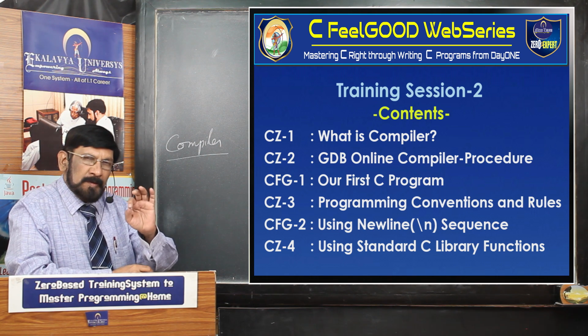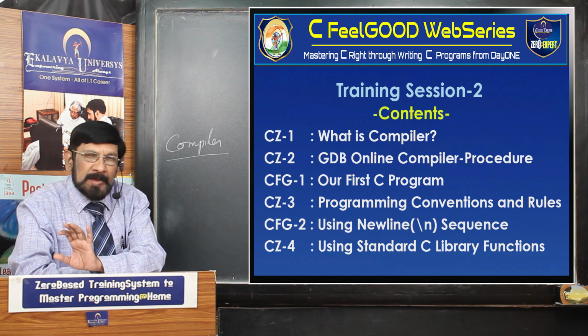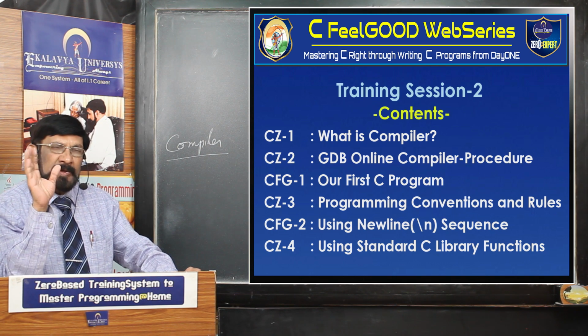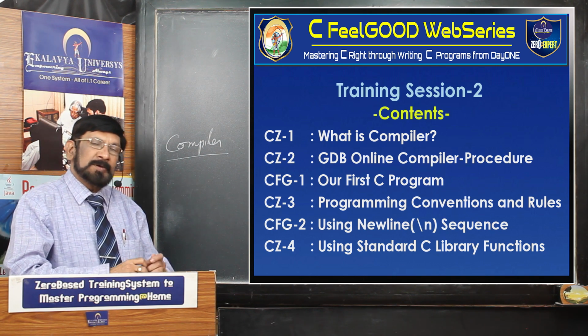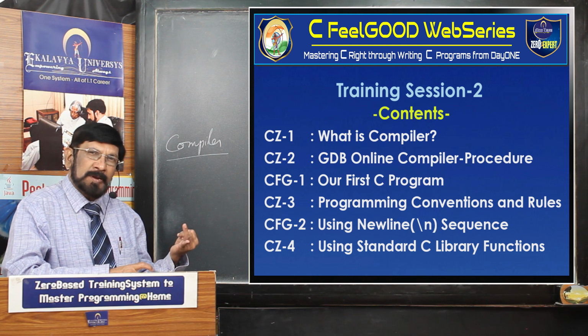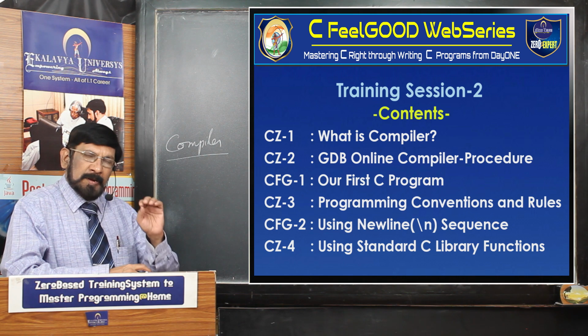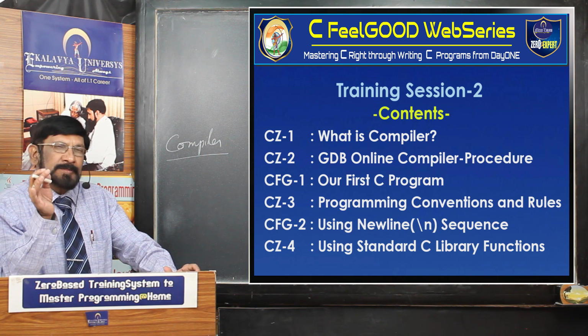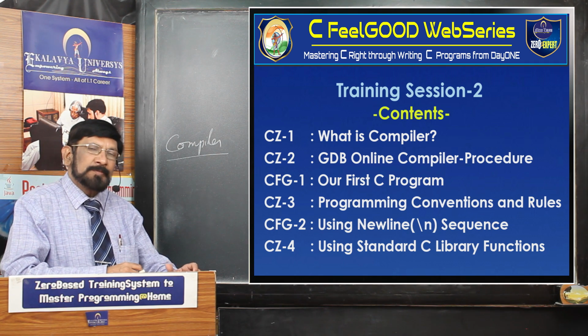For your information, for every language, whenever they release it, one specific compiler is developed along with the language. C compiler, C++ compiler, Java compiler, Python compiler. For every language, one unique compiler is there. If that compiler is not there, we cannot perform any programs.